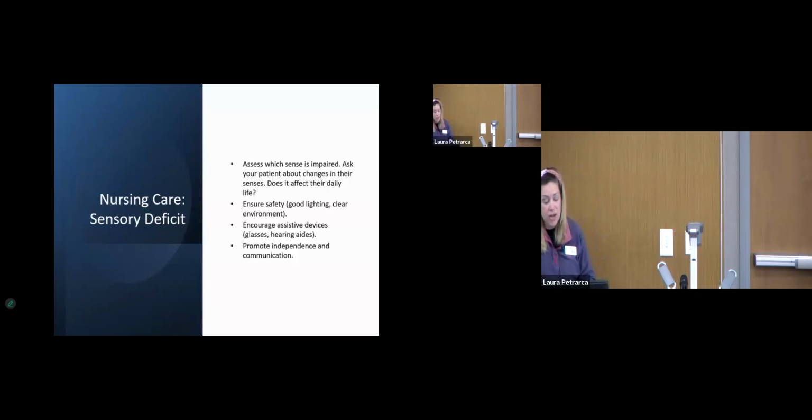You want to make sure that you're ensuring their safety, they have good lighting, clear environment, and encourage them to wear their glasses and their hearing aids, because it's not going to help if they don't have those on. And then promote independence and communication. So identify which sense is affected, keep the environment consistent and safe while promoting patient independence.